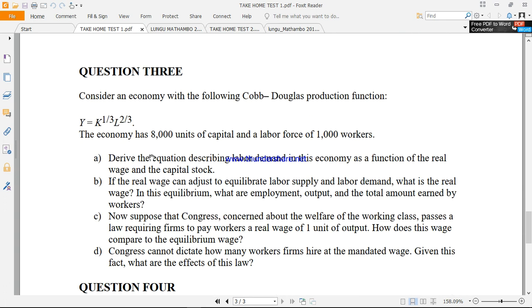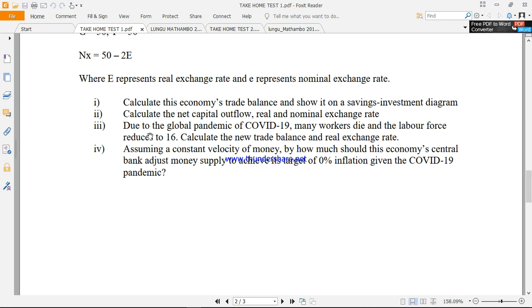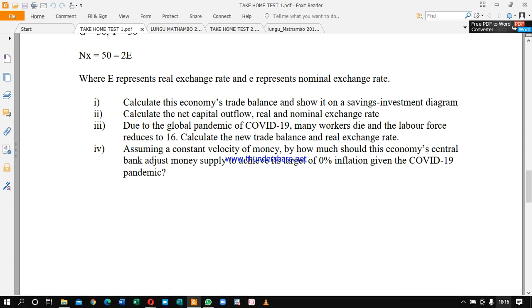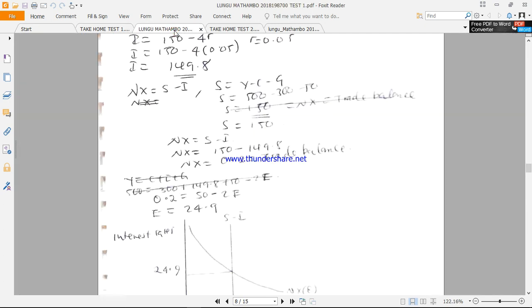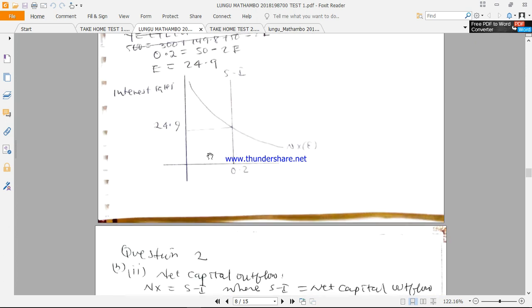I think Natasha is there and everybody is there. Alright. Okay, so it is 16 past 6, so we have to close. Calculate the net capital outflow, real and nominal exchange rate. So how do we calculate the net capital outflow?